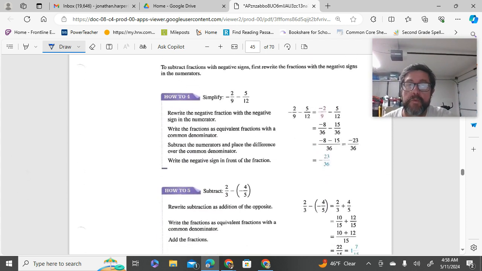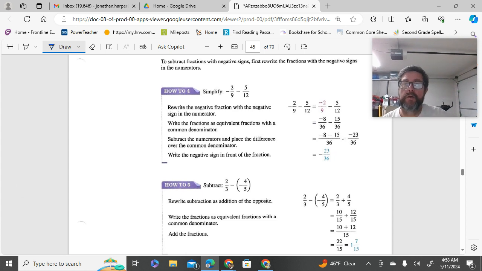Okay. How to simplify negative 2/9 minus 5/12. So rewrite the negative fraction with the negative sign in the numerator.